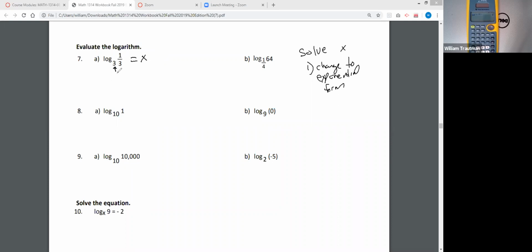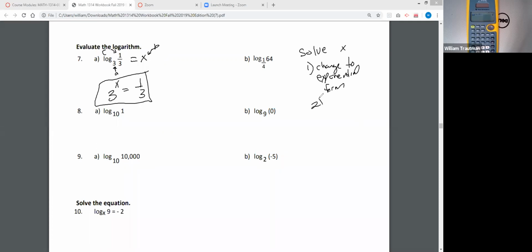Remember, this is A, this is B, and this is C. To change it to exponential form, it's 3 to the x power equals 1/3. That's not the answer now. We have to find x, but that's the first thing you do. Change it to exponential form.